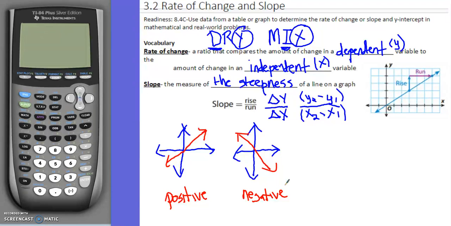Okay, there are also slopes where you have a zero slope. So if we have horizontal lines like this, the slope is 0.